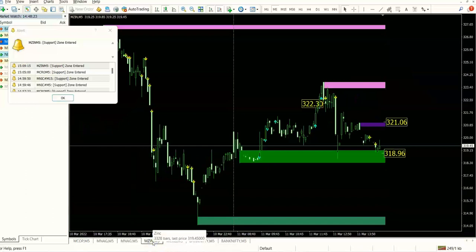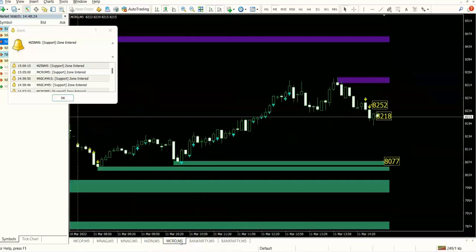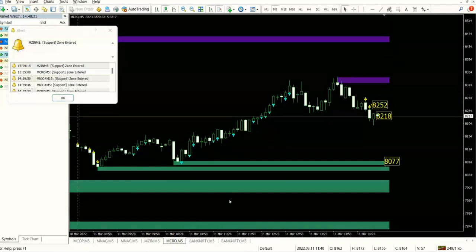For Bank Nifty, at what time do I have to open a chart? You can start your system at 9 o'clock, and MCX comes at 9:15. But I recommend not trading the first arrow, like this first arrow here.